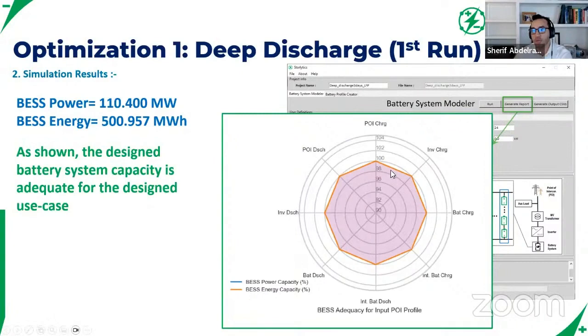So what this is telling me right now is that 100% of the charge set points at the point of interconnect was achieved, and at the inverter, the battery, and so on. And for the discharge as well, 100% of the discharge set points were achieved for both power and energy. So long story short, the system sizing is adequate.